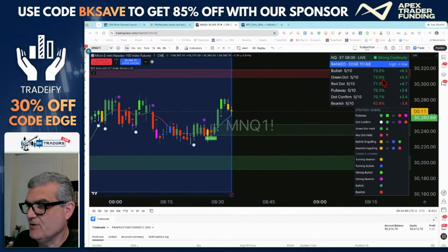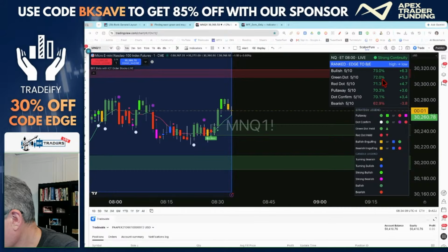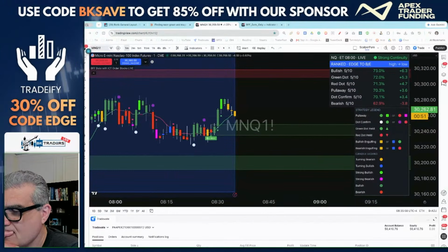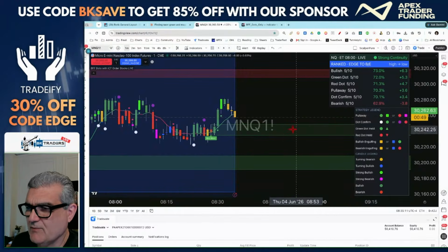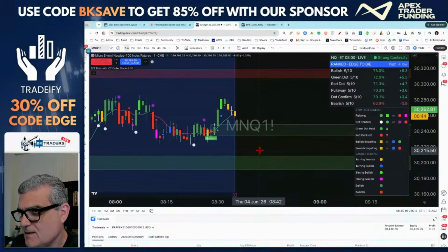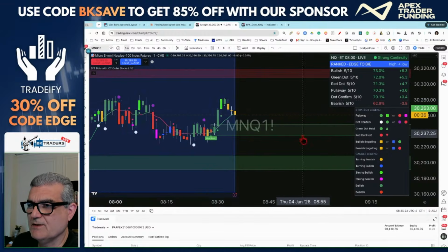And given that the edges are all pretty good this hour, let's just try to trade that and see how it goes. Almost all of them would have worked. Even trying to figure out if this one would have worked. The pull away would not have worked. No.